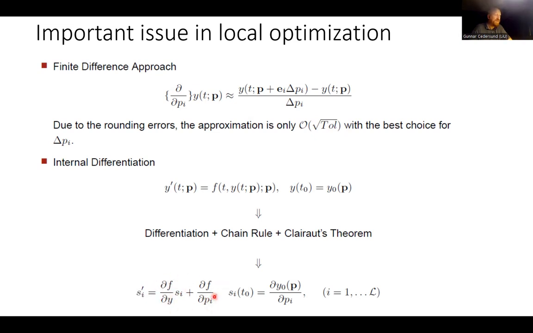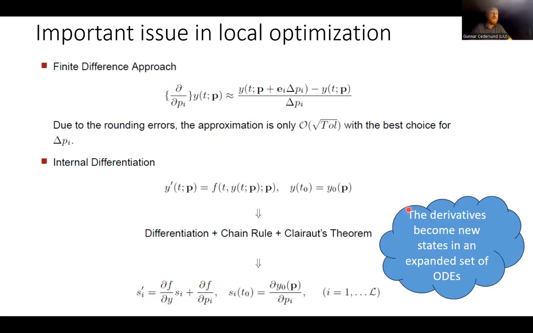And these are the derivatives which make up the differential equation for these new states. So we have lots of new ODEs where each of these new ODEs describe how the derivative is changing over time. So in this way, you only need to do one simulation for this expanded set of ODEs to get all of the derivatives.